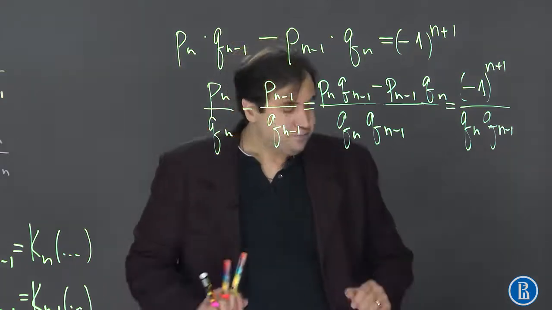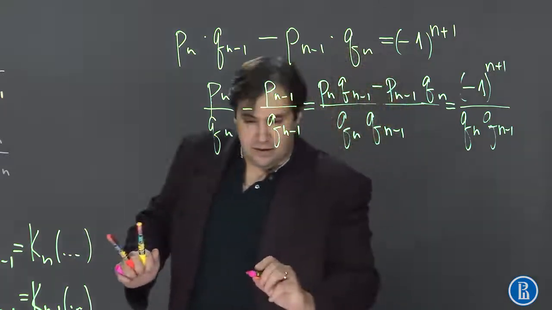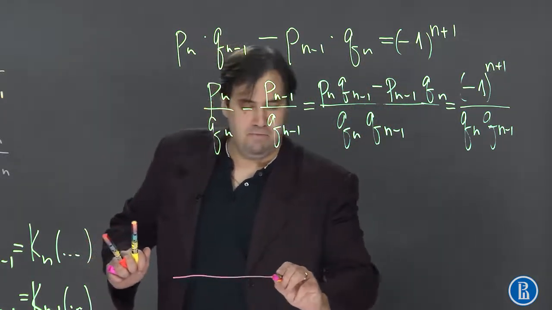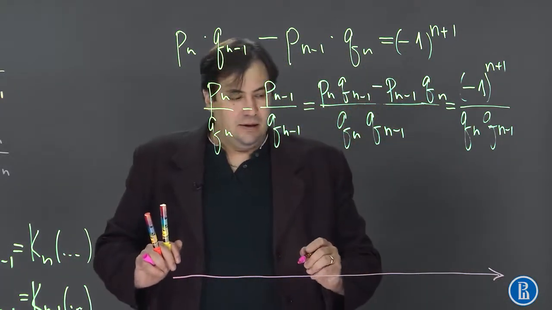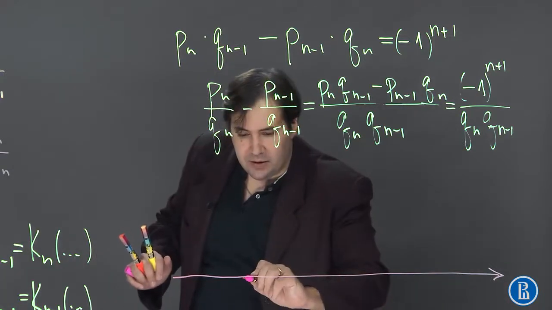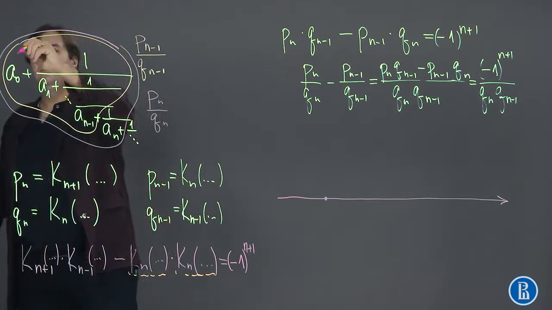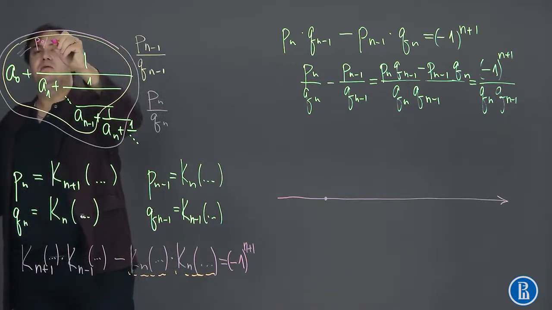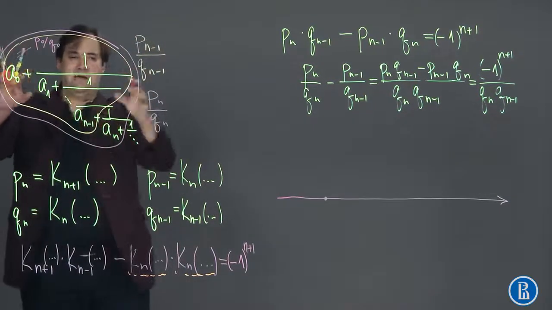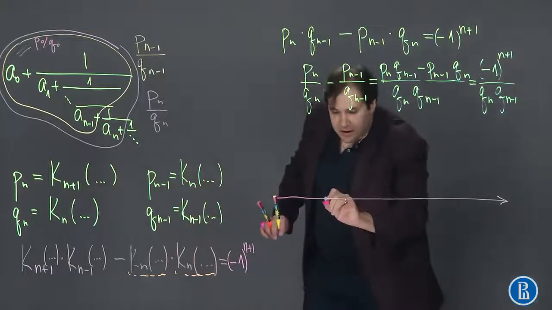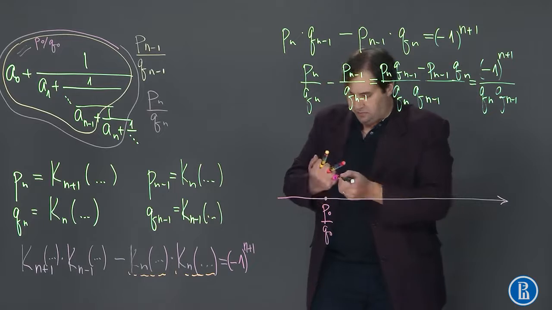But let's take a look at their position on the real line. So a0 is just equal to P0 over Q0, and we understand that it is less than any other convergent. So we place P0 over Q0 here.